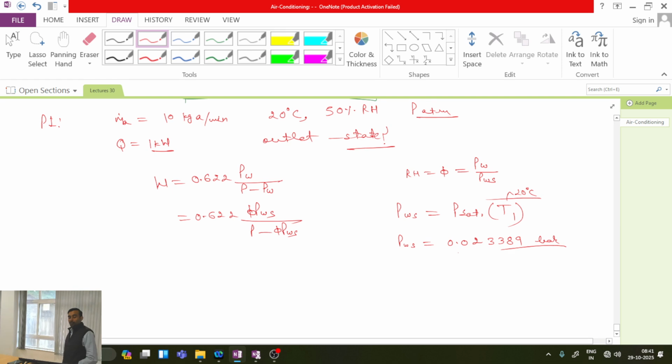Now, what is P? It is the total pressure of moist air. It is given as standard atmospheric pressure, so it means 1.01 bar. Calculate W, how much it is. You should be able to do it very fast now.